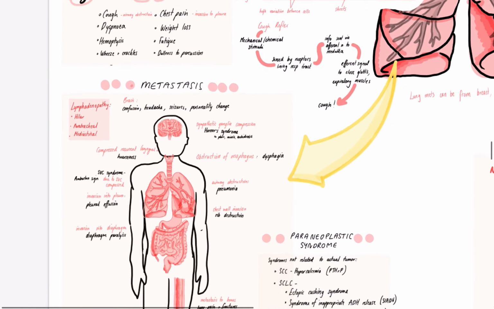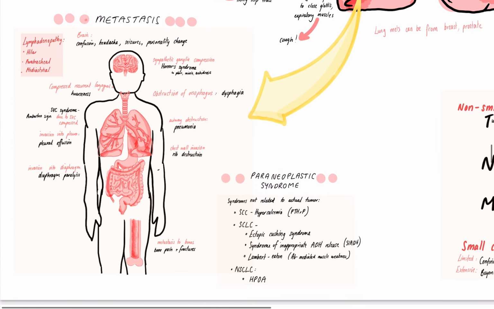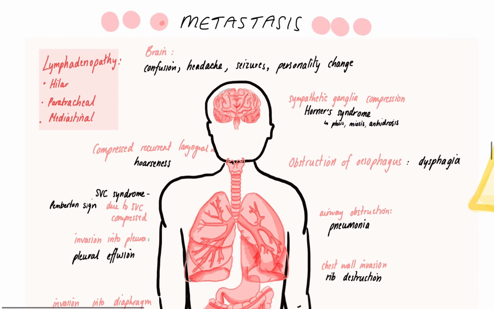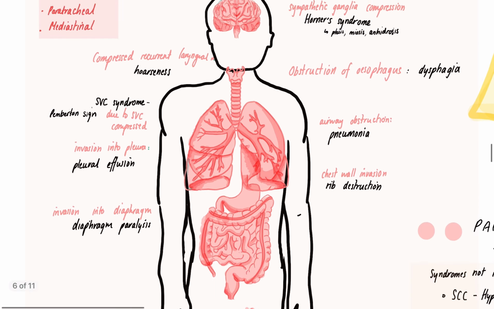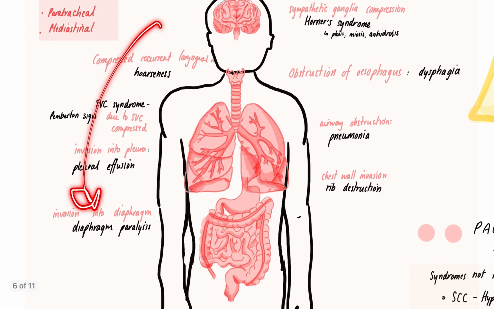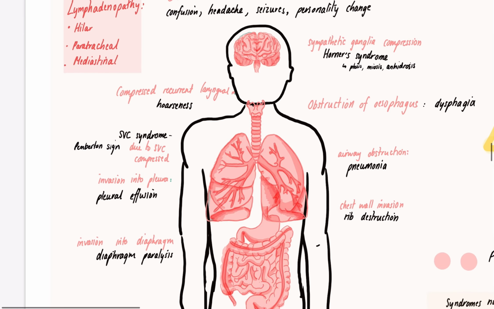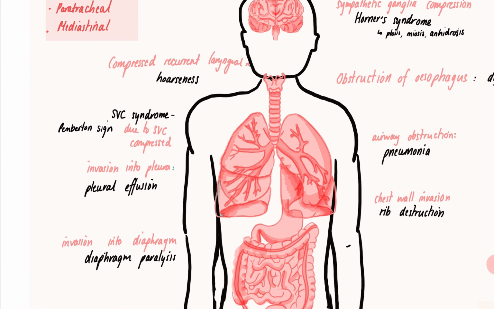Now, metastases in lung cancer can lead to a bunch of different presentations. And of course, this is most likely in small cell lung cancers and is possible in the others as well. So maybe starting from down here. If you get invasion of the lung cancer into the diaphragm, you can get diaphragm paralysis, which can contribute to your dyspnea.